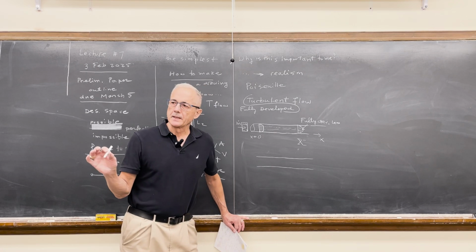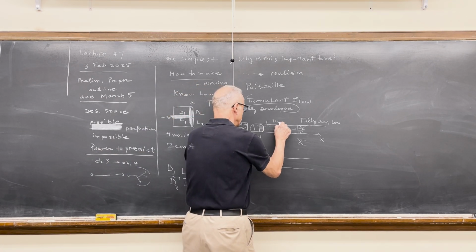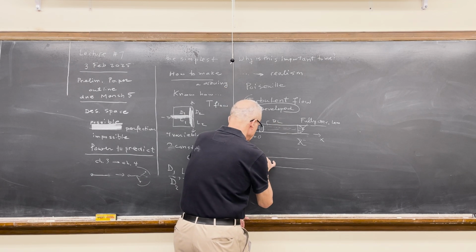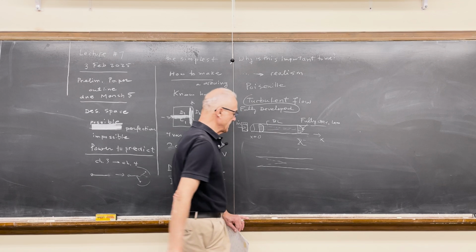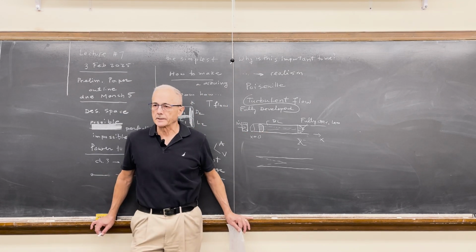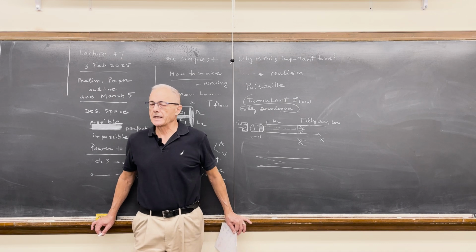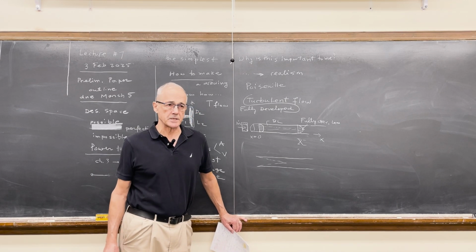Time averaged, the so-called boundary layer, this is the boundary layer, grows linearly, just like that. Not in a curved fashion, linearly. And it is a linearity with a universal aspect ratio.